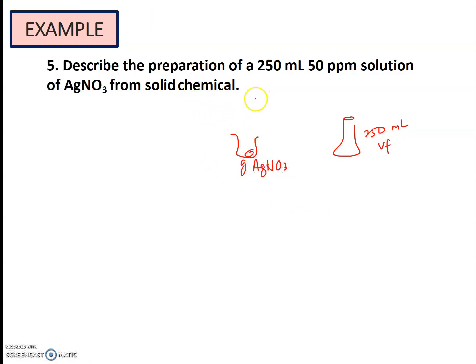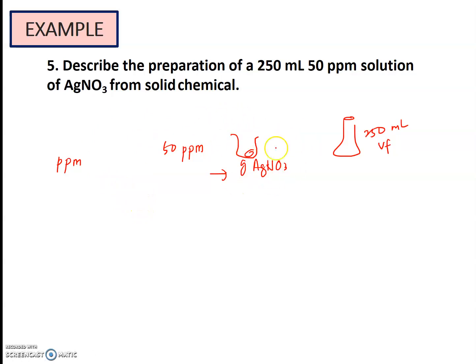But the information given is 50 ppm silver nitrate. So how do we want to find the gram of silver nitrate? Remember, if ppm, we have to know the terms, either weight per volume or volume per volume.